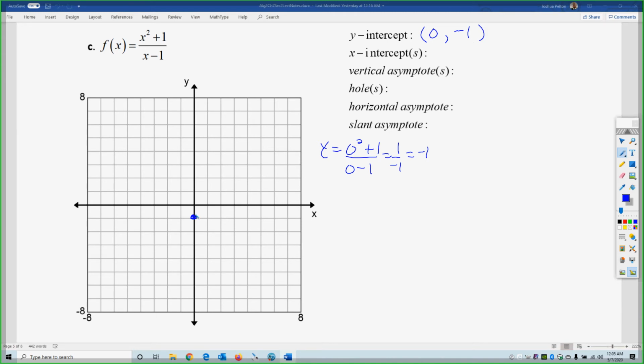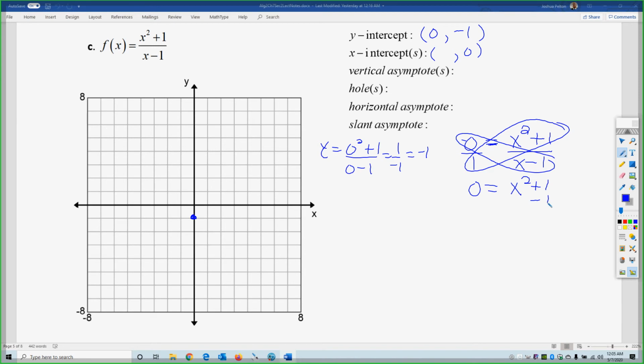There we go. Okay, x-intercept by definition, y must be 0. So I get 0 equals x squared plus 1 over x minus 1. And I want to cross multiply, so I'm going to make that a fraction. So I cross multiply this way, I get 0. And I cross multiply this way, I get x squared plus 1.